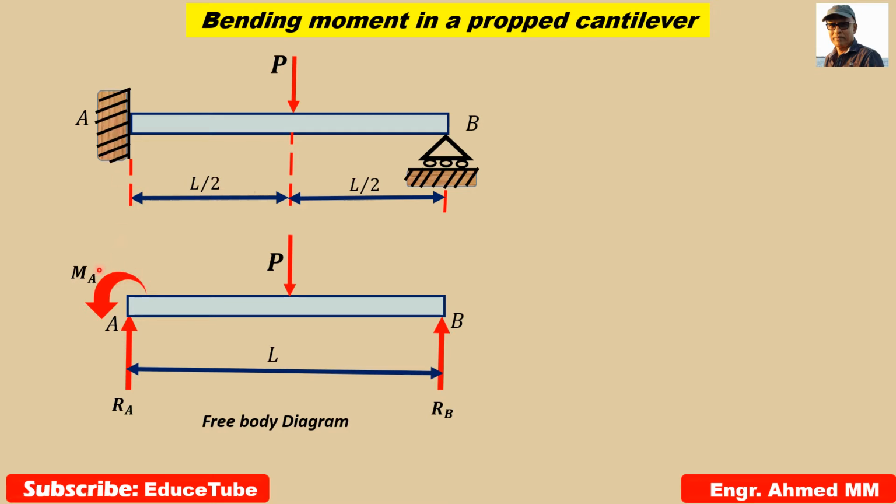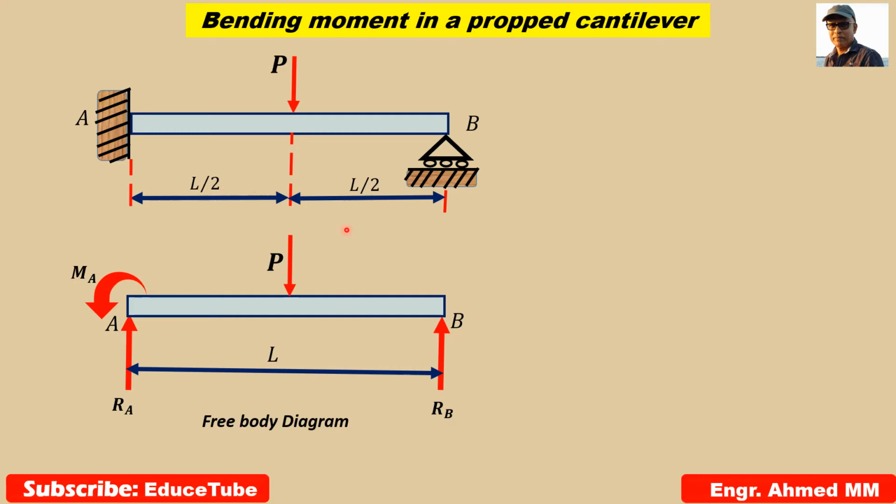That's why there is this moment at this point. Now our target is to find the value or equation for MA, RA and RB.